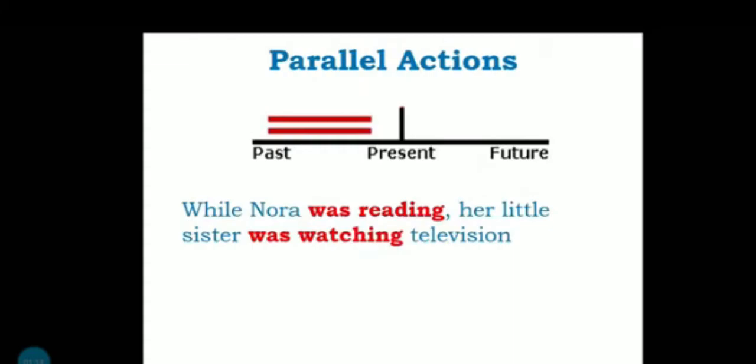We also use the past continuous tense to indicate that two actions in the same sentence were happening at the same time. For example, while Nora was reading, her little sister was watching television. So these two actions were happening at the same time.